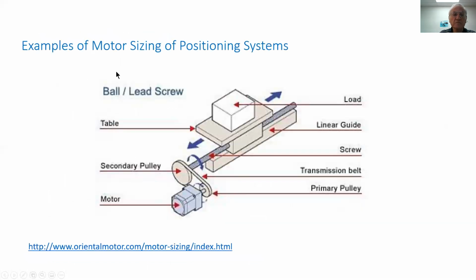This shows us an example of motor sizing of a positioning system. This is done by Oriental Motor, but Parker and Festo also have online sizing tools. You see over here that we may come up with a configuration where we would like to size the motor for a certain process that requires a certain velocity with a certain load.